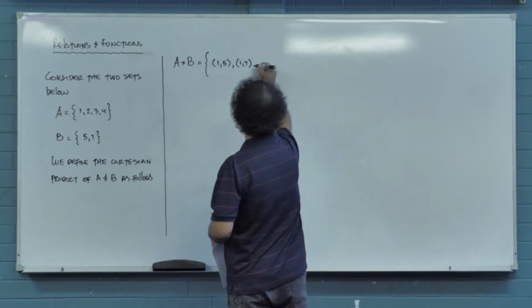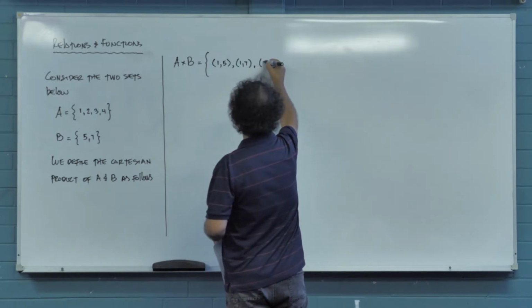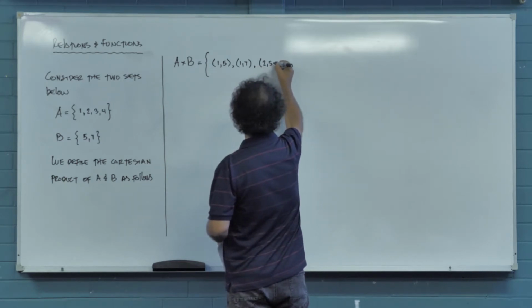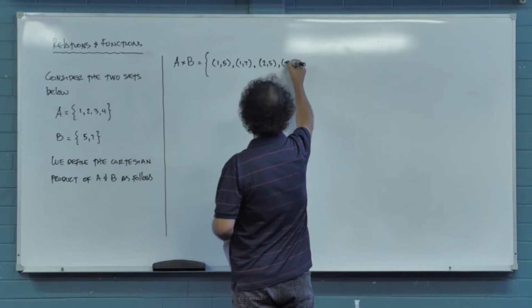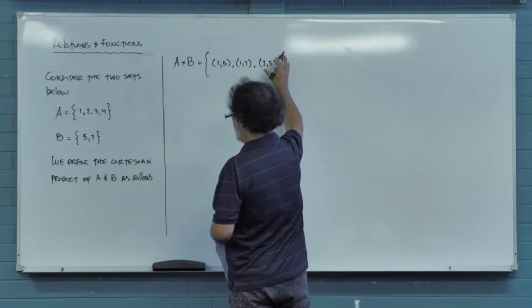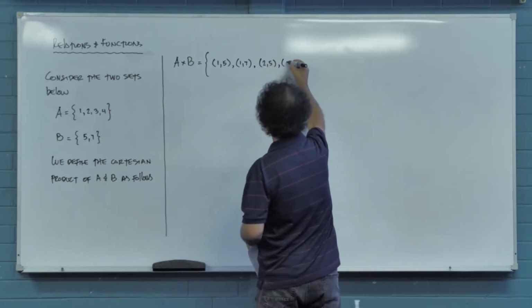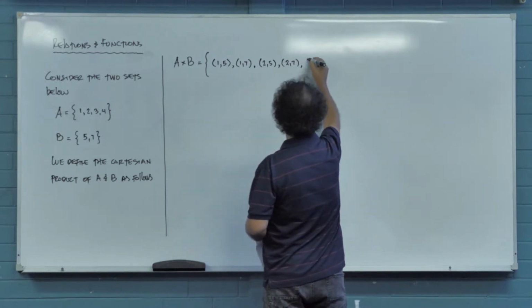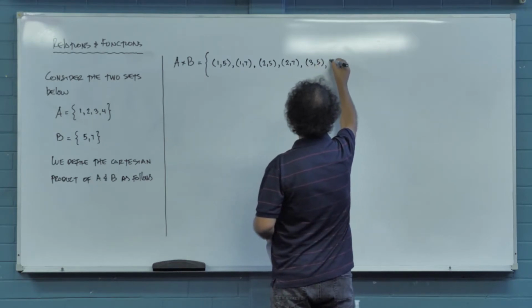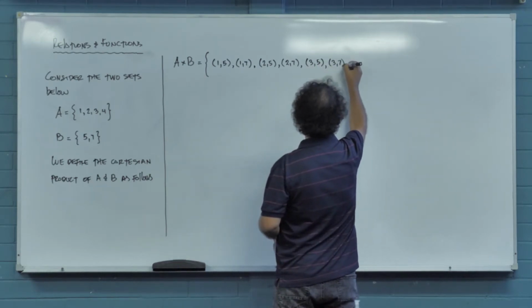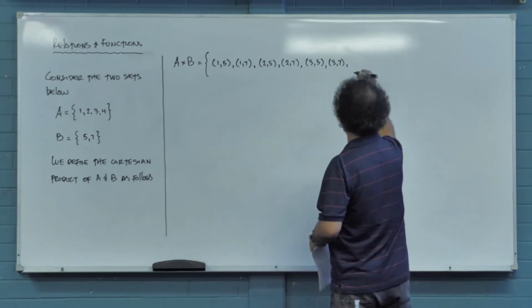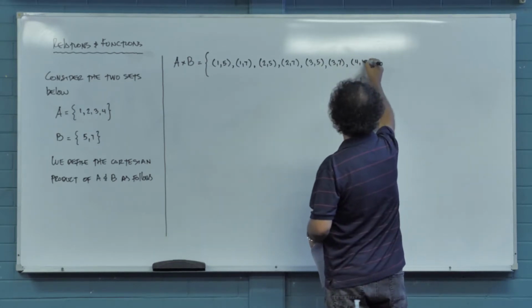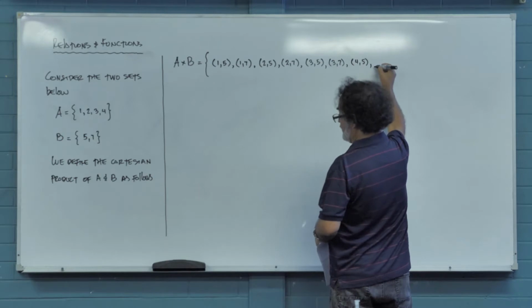So let's do all these pairs: (2, 5) and then (2, 7), then (3, 5), (3, 7), and finally (4, 5), (4, 7).